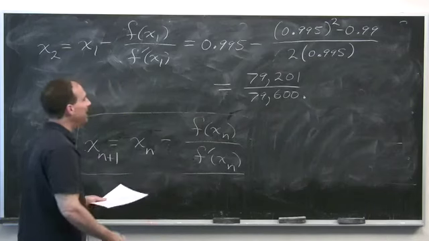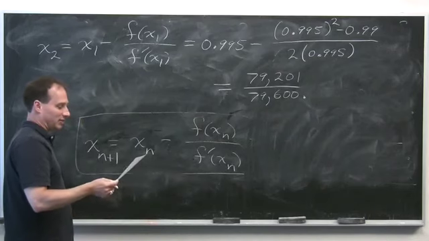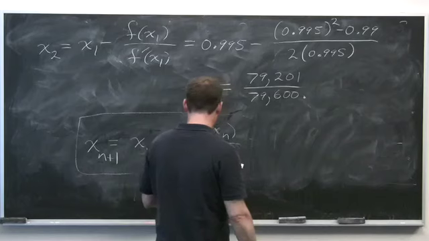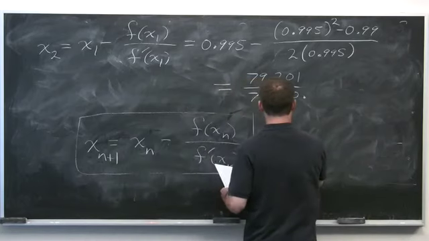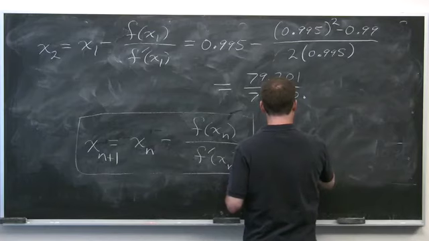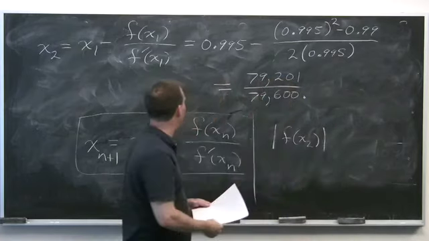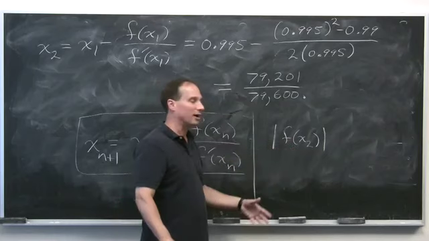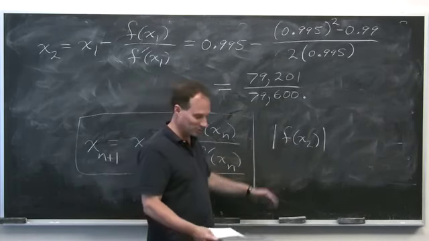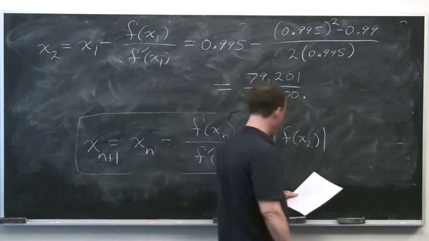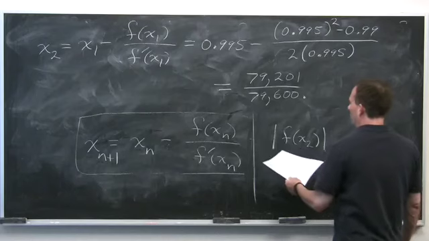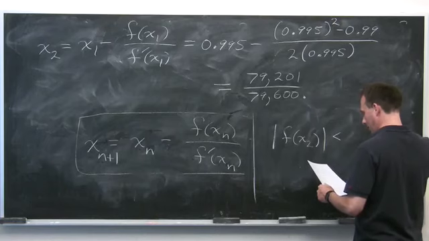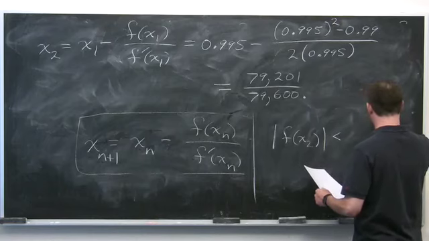So that's what you get if you convert those into fractions, and then you can, if you want, calculate the absolute value of f of x sub 2. We want to know how close this is to being a root of our function. So you plug this back in the function, and by close, we mean within plus or minus, so it's the absolute value of this, and you can check that if you square that and subtract 0.99, the difference will be less than 1 billionth.